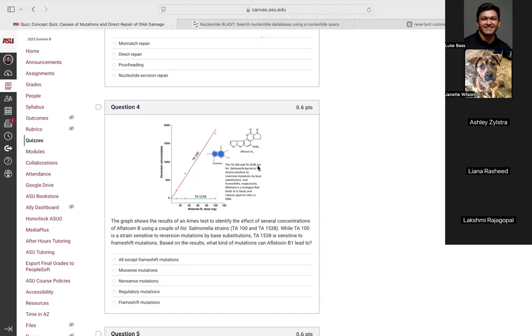Since it gains its function back, we can assume that aflatoxin B1 leads to whatever mutation gives TA100 its function back. It says TA100 is a strain sensitive to reversion mutations, so I would assume that this mutation is what aflatoxin B1 gives.